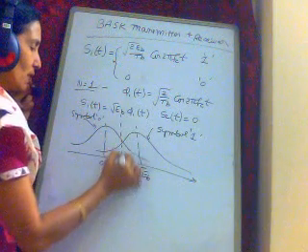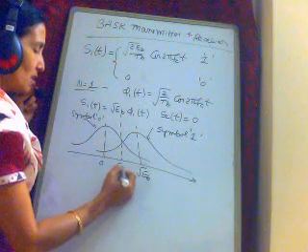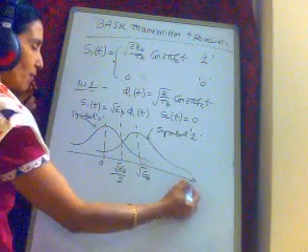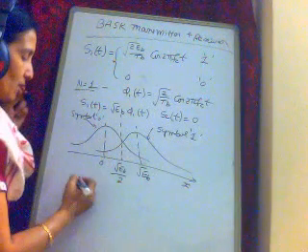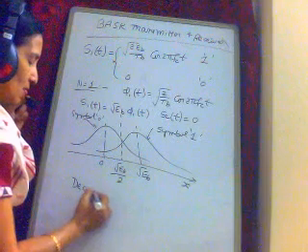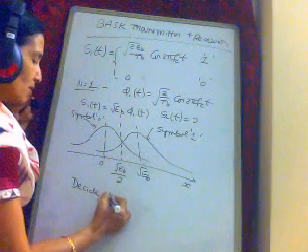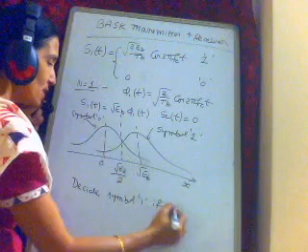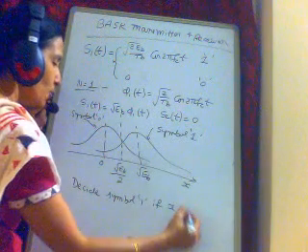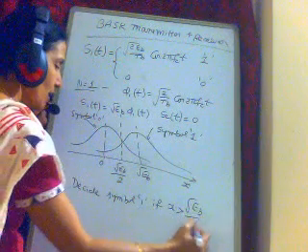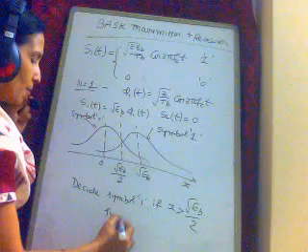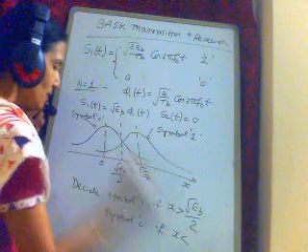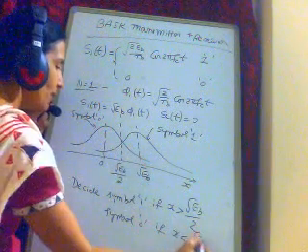We also saw that the decision boundary occurs at root EB by 2. So if I call it x, decide symbol 1 if x is greater than root EB by 2, and decide symbol 0 if x is less than root EB by 2.